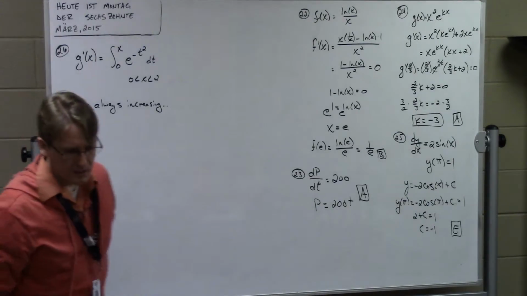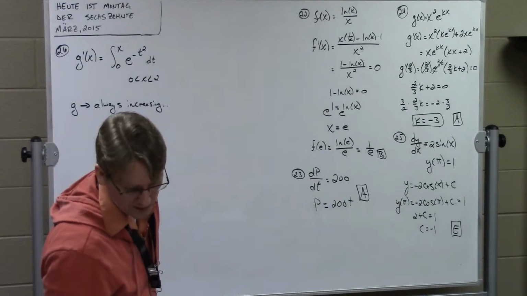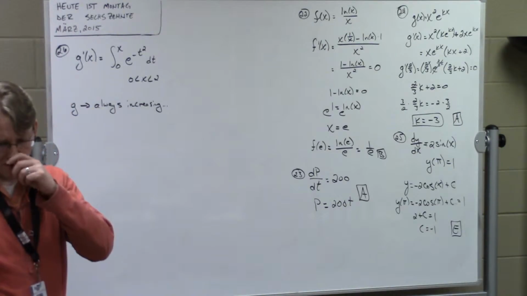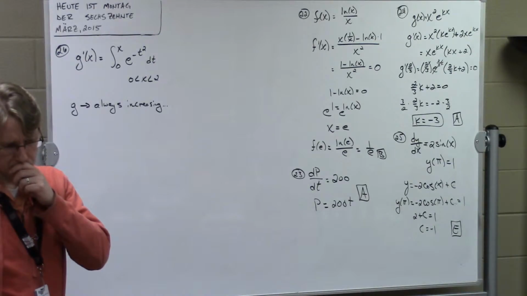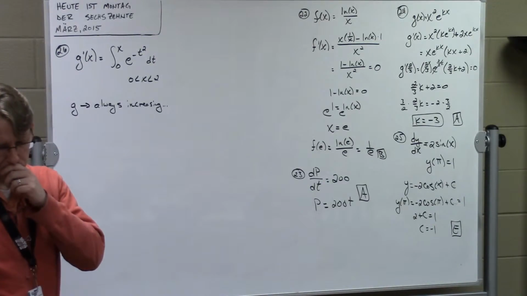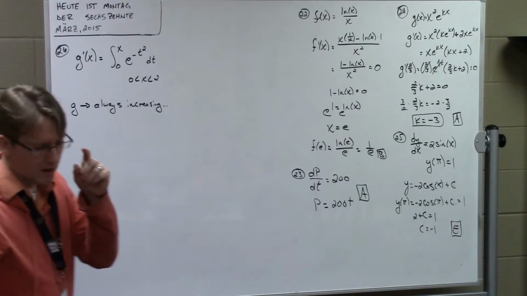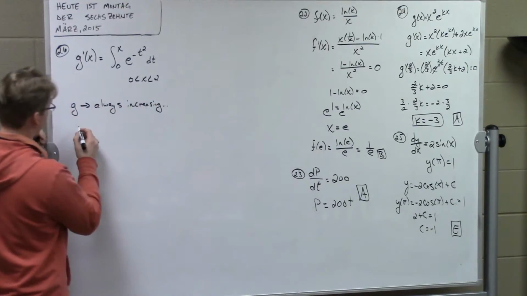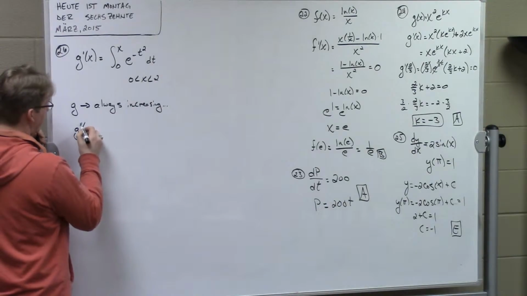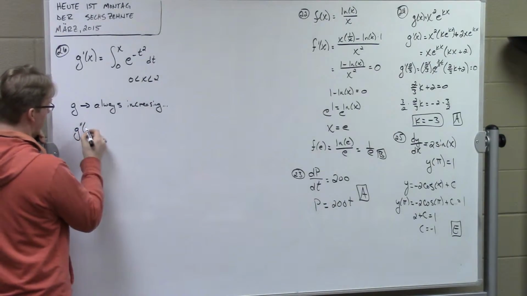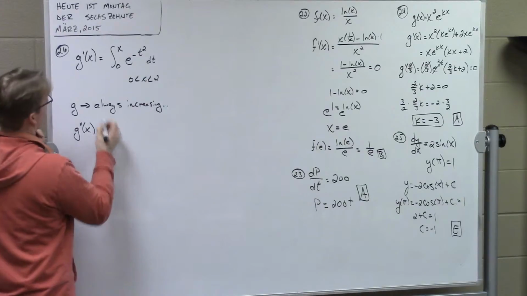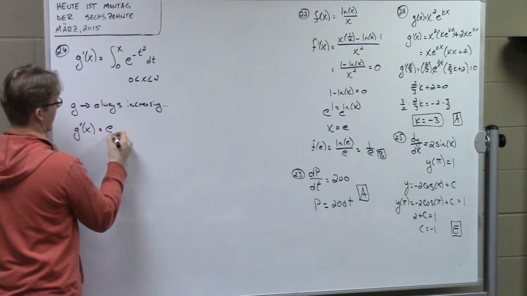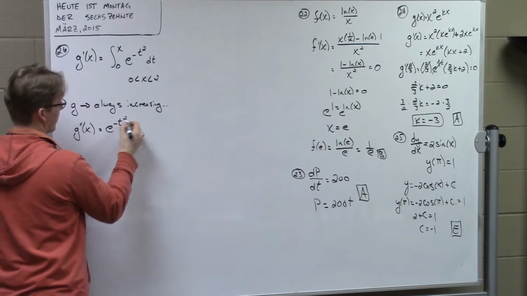Can I narrow it down? I can narrow it down to A and B. Okay. Then we need to look at concavity. G double prime. Well, the derivative of the antiderivative is simply going to be the function inside, so this is going to be e to the negative t squared.